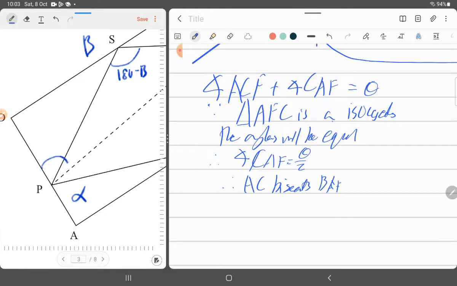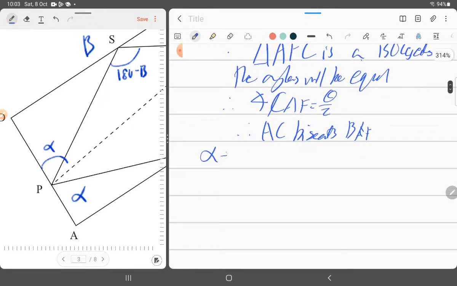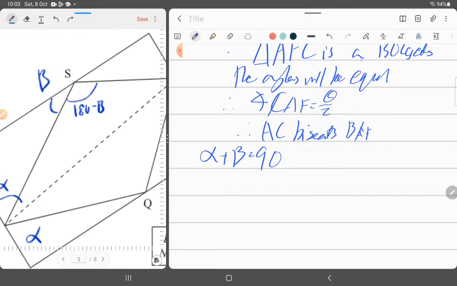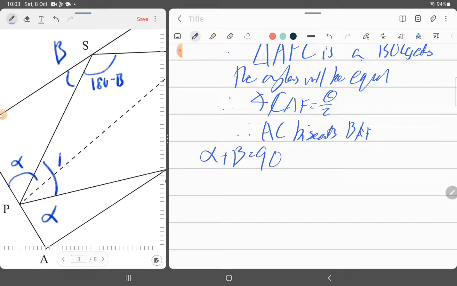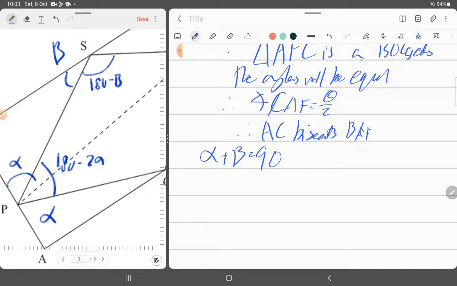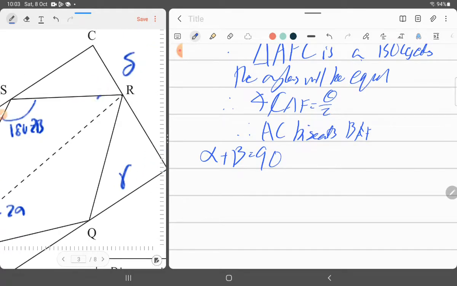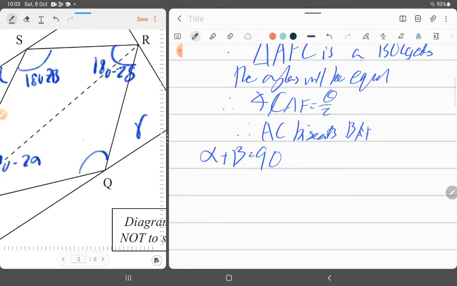This will be beta, alpha. Alright, so alpha plus beta is equal to 90 degrees, because here and here, and this is the right angle. This is 180 minus 2 beta, 180 minus 2 delta, and 180 minus 2 gamma.